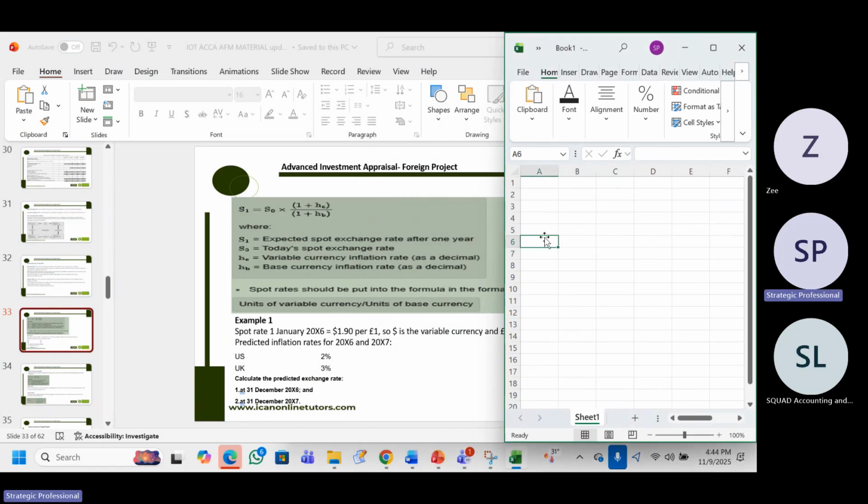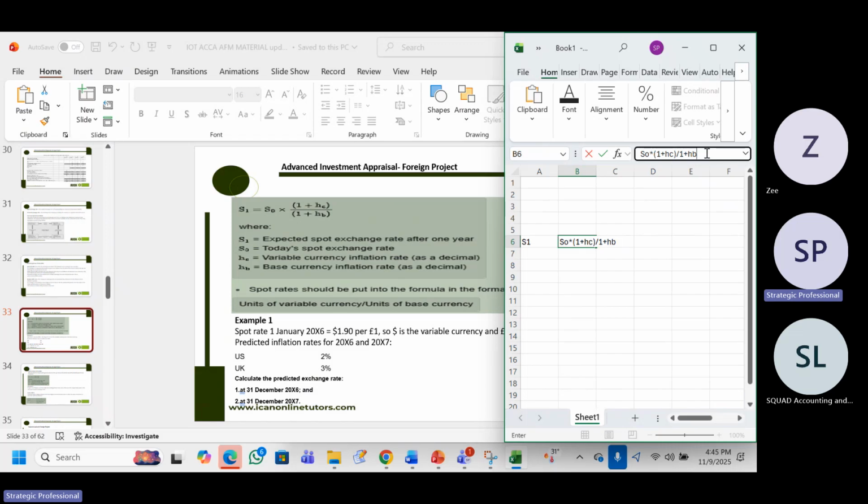So we already know the formula: S1 equals S0 times (1 plus hC) divided by (1 plus hB), right?